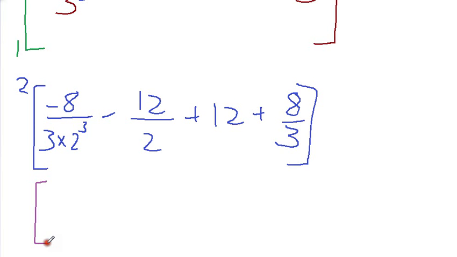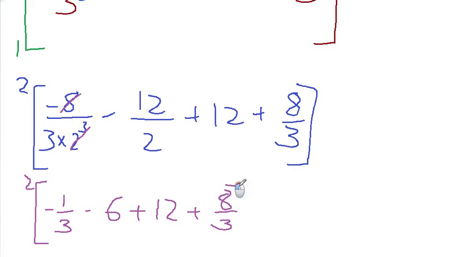So for number 2, this 2 cubed will become 8, so we can cancel the 8 and the 8. And we're going to get minus 1/3, minus 6, plus 12, plus 8 over 3.